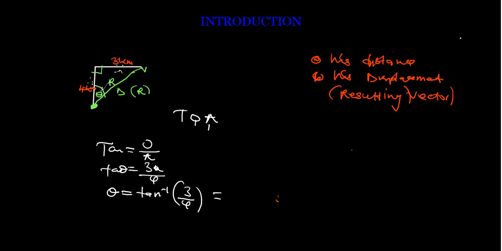So that's 36 point something. So this is 36 point what? 0.87, like that, degrees. So this is the angle between these two vectors. So that is it.